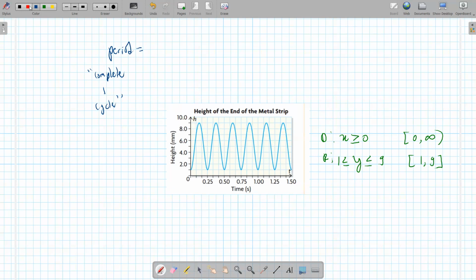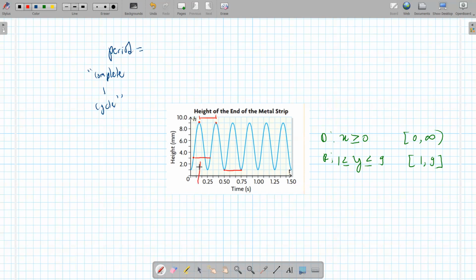To find the period, you can look at the distance from the maximum to the maximum, this distance here. You can look at the distance from the minimum to the minimum, right? These are good reference points. Or you can pick any y value and see how long it takes to come back there. That would also be the period.